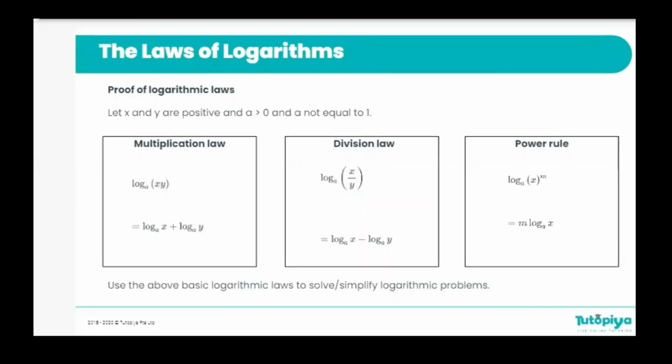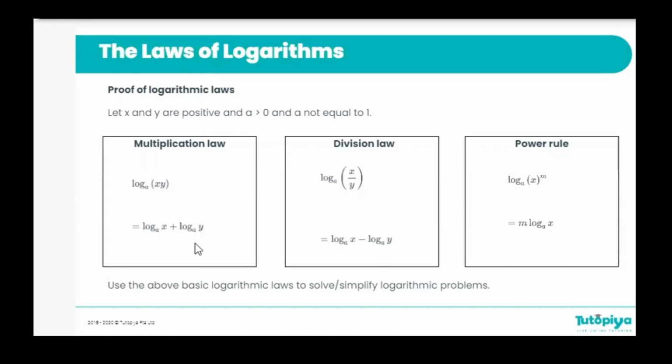While the direct proof of the logarithmic laws is not really important for us at this level, we'll go ahead and see in depth a little bit more examples on the different laws that we've just learned. So to begin with the multiplication law, we know that log xy to the base a can also be written in the form of log x to the base a plus log y to the base a.